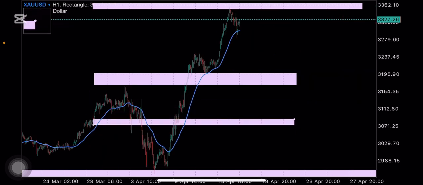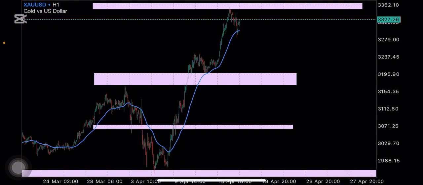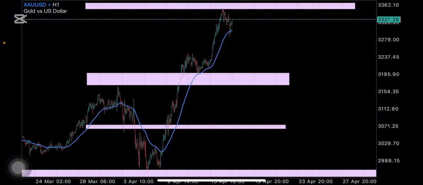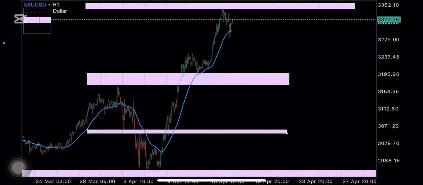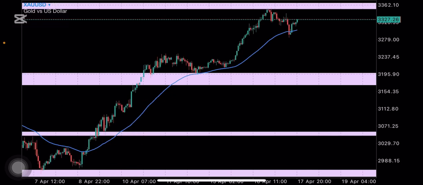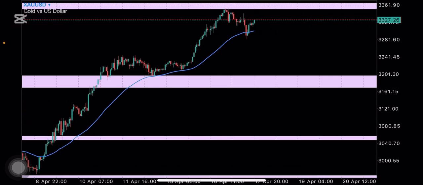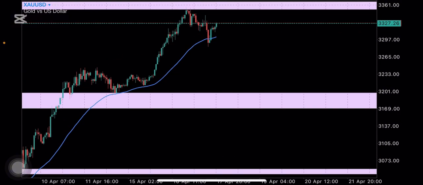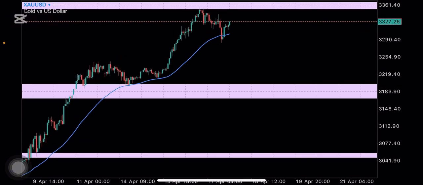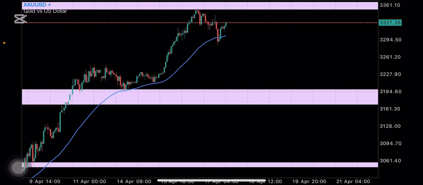Okay, so we have this level here. This is a level that got broken actually. So at this point, do we have any level? Nothing. But it's just doing things.